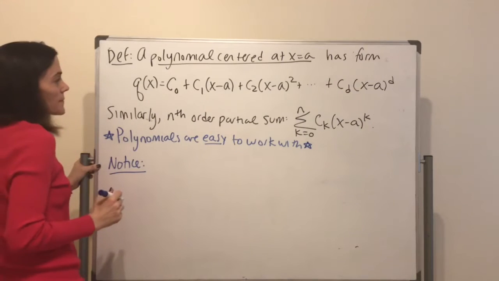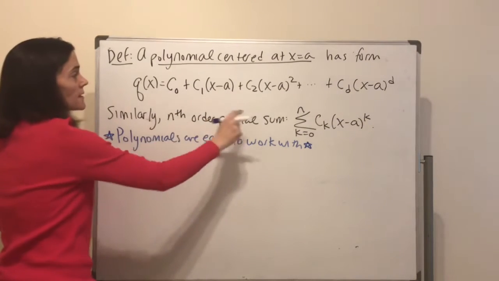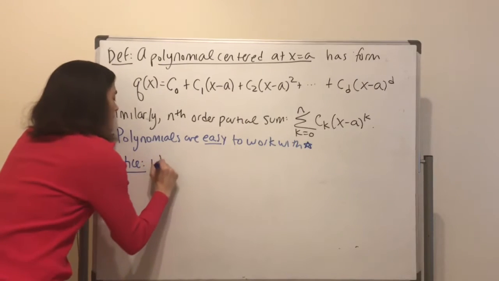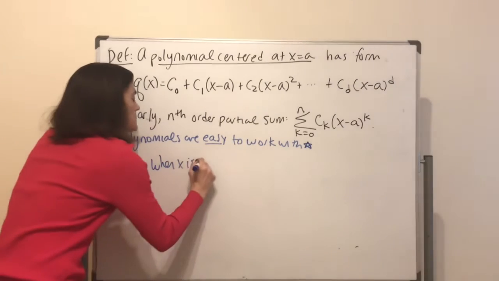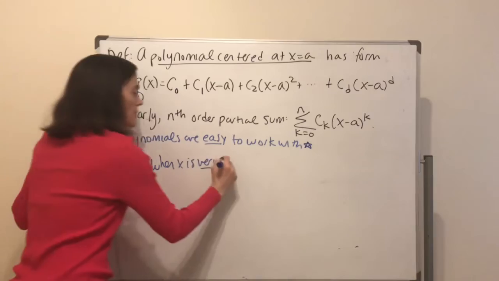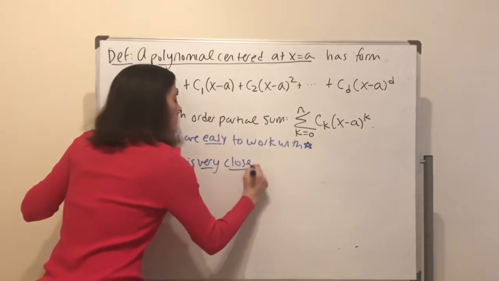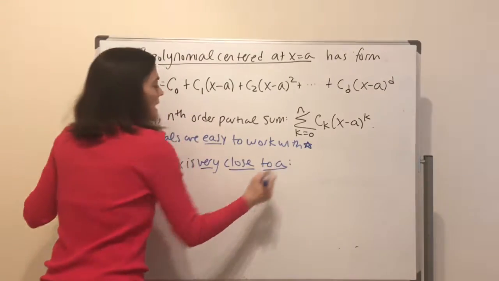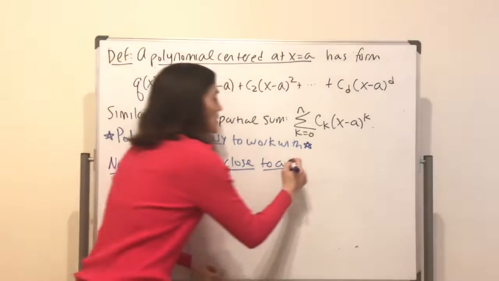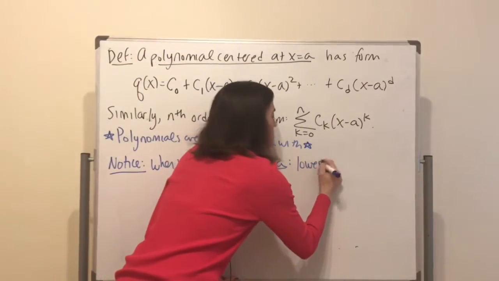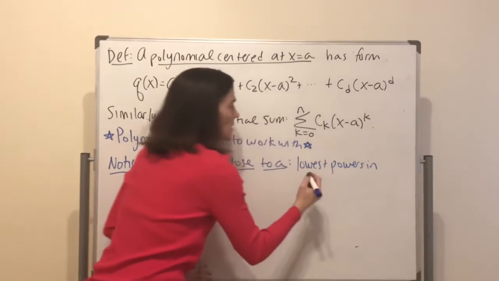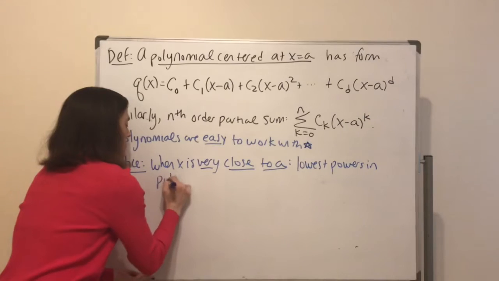If you look at, say, a polynomial centered at a, when x is very close to a, the center, what dominates? Well, the lowest powers in the polynomial dominate.